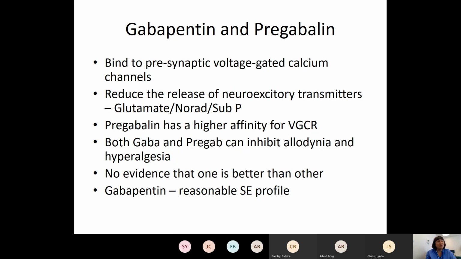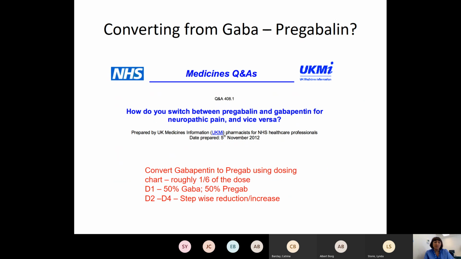However, I would increasingly use pregabalin in these patients with whom you think there's going to be lots of drugs tried potentially, because it's only twice daily dosing in comparison to gabapentin, which is 3 times a day. And a quick ready guide for converting gabapentin to pregabalin is using 1/6 of the dose of pregabalin compared to gabapentin.